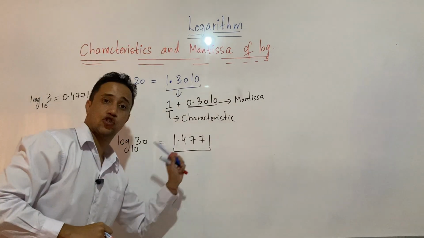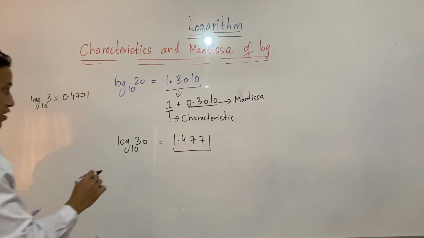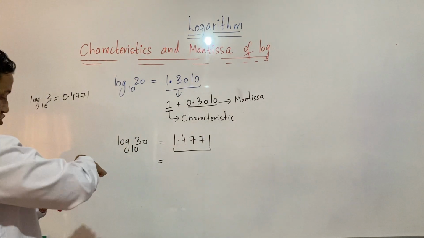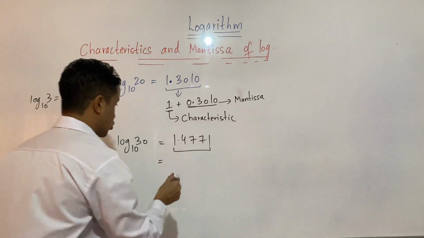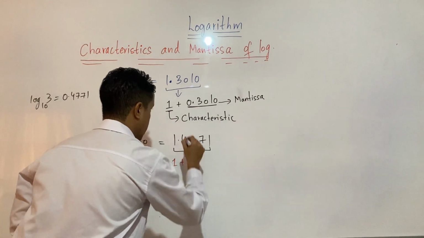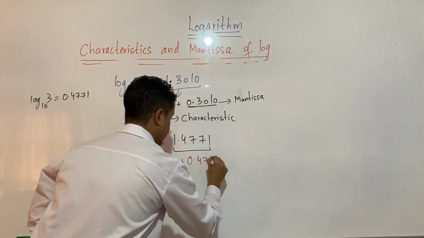If you break it down, it's going to be 1 plus 0.4771.